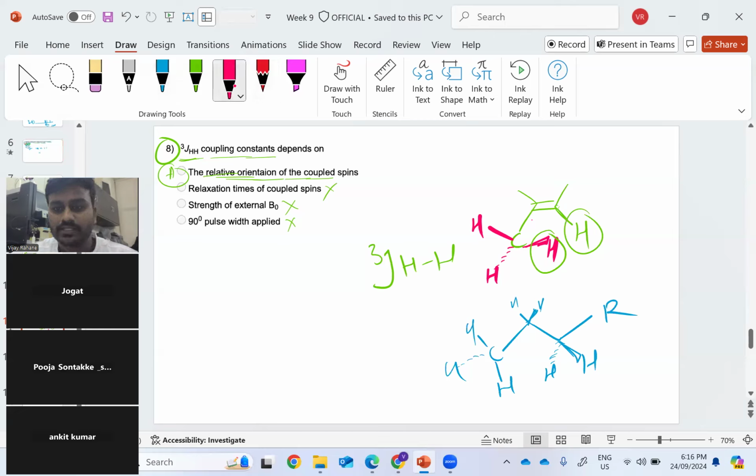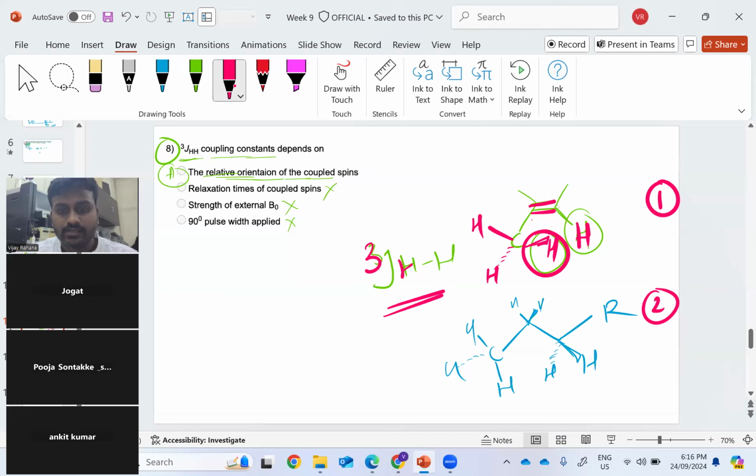Because of this double bond in the first molecule, this hydrogen is held just near to this adjacent, highlighted proton. So in this type of system, we can achieve the J3 hydrogen-hydrogen coupling because, in their relative orientation, they are relatively close to each other.